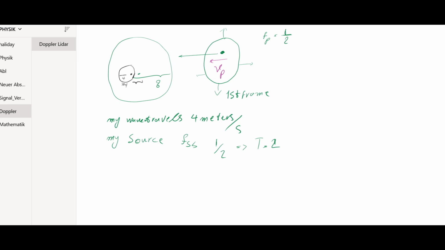Now if I'm standing behind the particle, let's say I am here, what I receive is not a crest every 2 seconds, but the timing is different, because this particle is moving away from me.